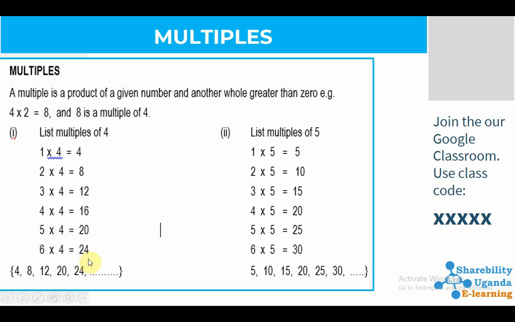Then we can identify that the products of these numbers are 4, 8, 12, 16, 20, and 24.